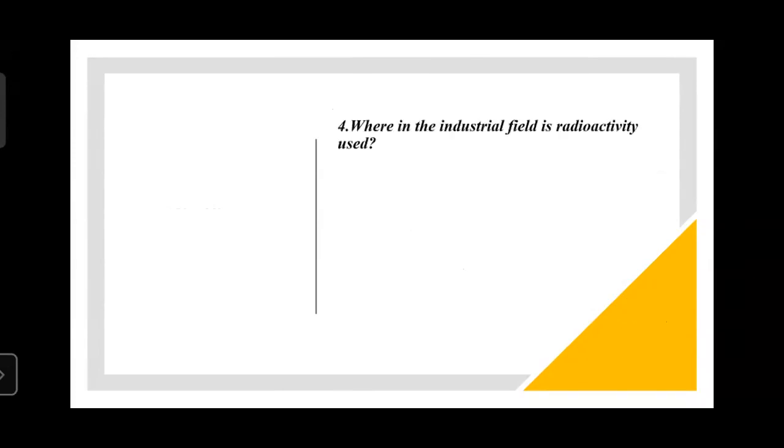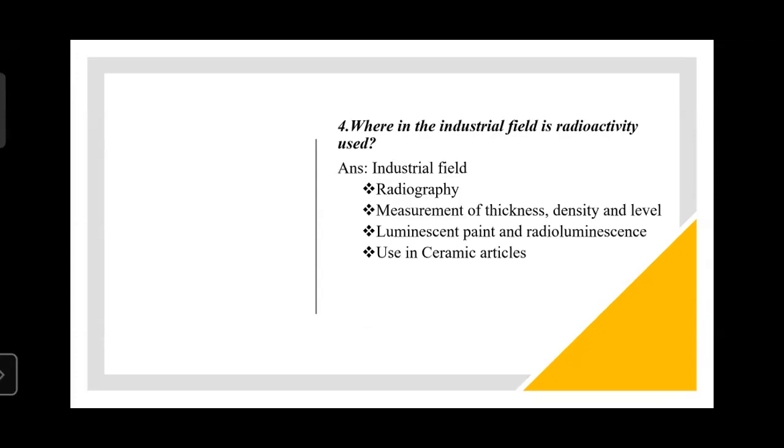Next question, where in the industrial field is radioactivity used? Answer, in the industrial field, it is used in four different ways. First, radiography; measurement of thickness, density, and level; luminescent paint and radioluminescence; and last one, used in ceramic articles.